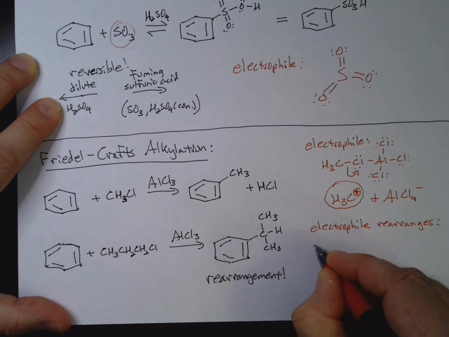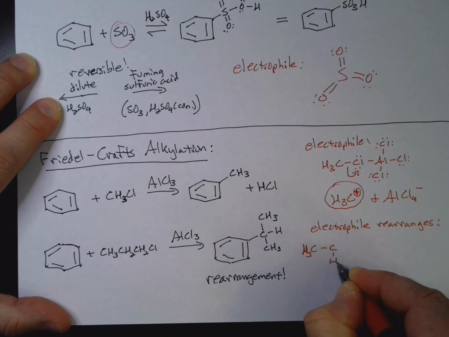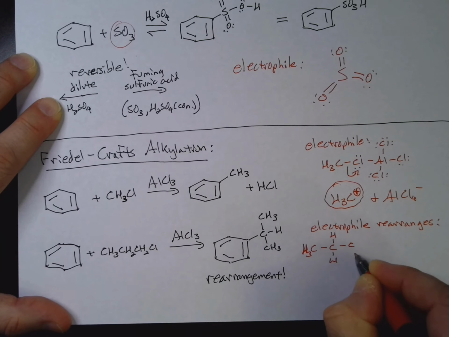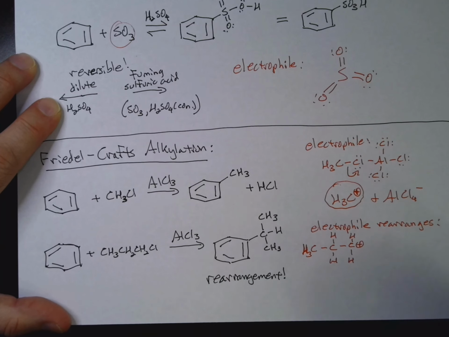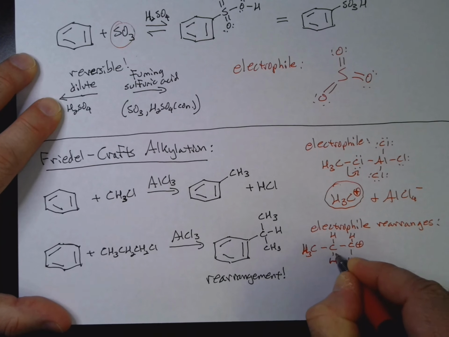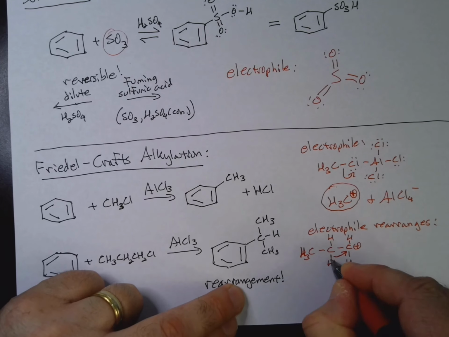So we would make CH3, CH, positive charge. Now we could go ahead and get a hydride shift. Remember those from 12A.